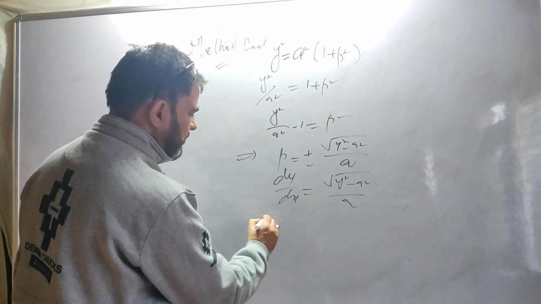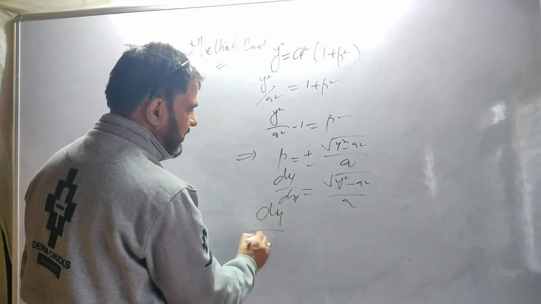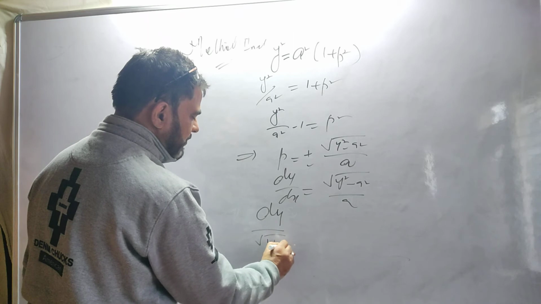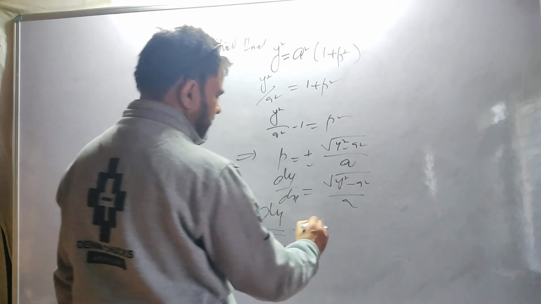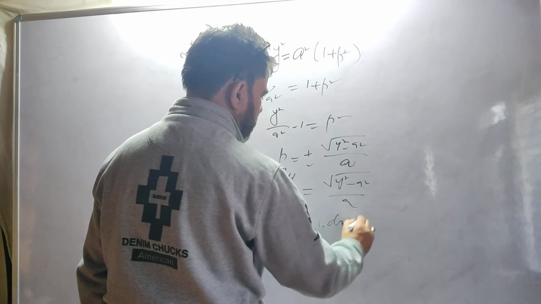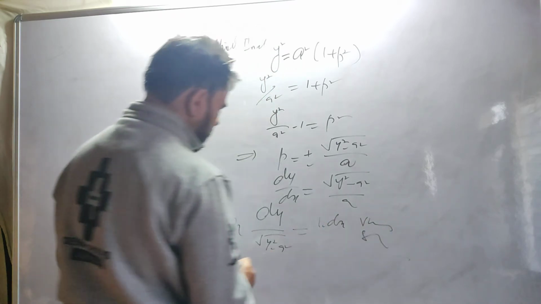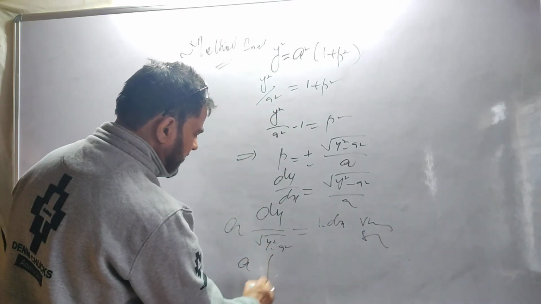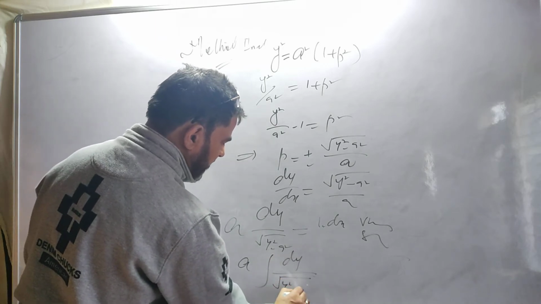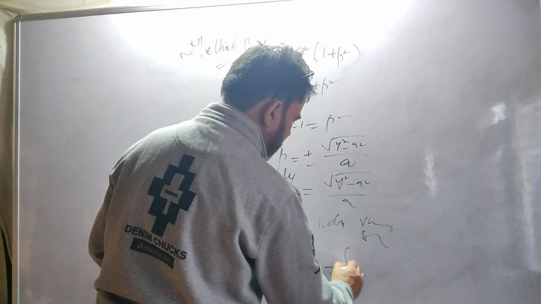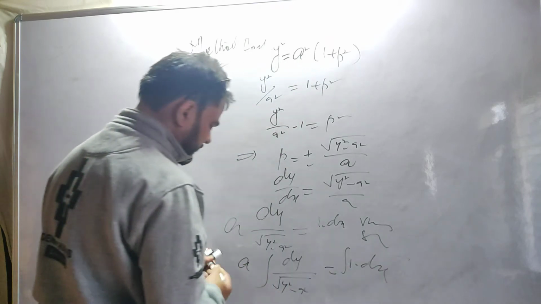So variables are separable. You can write dy by under root of y square minus a square is equal to, you can write a here, it is 1 into dx. So variable is separated. So what is our solution? It is a integral of dy by under root of y square minus a square is equal to integral of 1 dx.